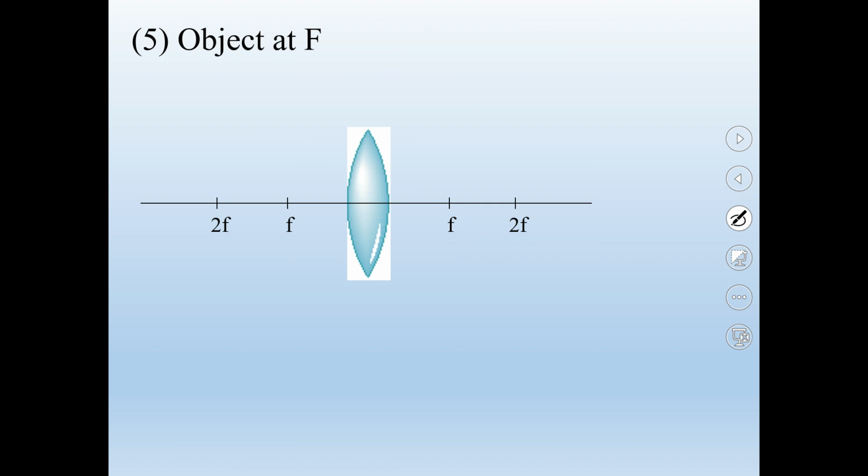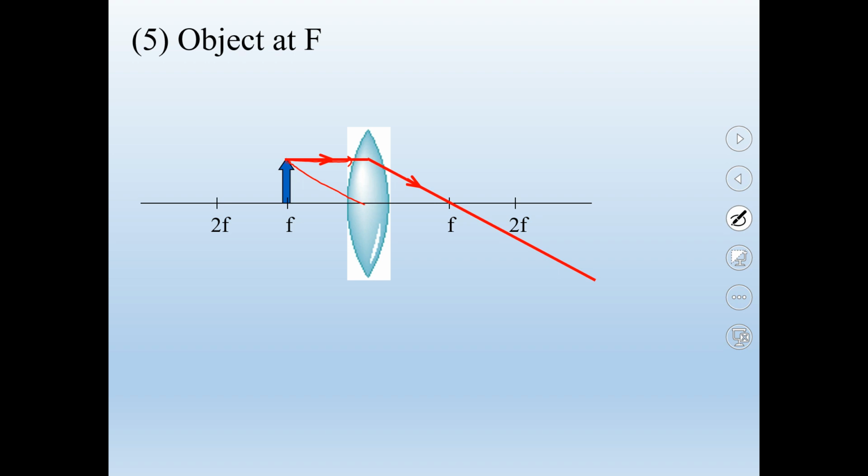And the last one, if the object is at the focus point, which is the opposite of the first rule. If the object is on the focus point, what is the position of the image? Try it yourself. Firstly, you send two rays. First, parallel to the principal axis. Second, through the optical center. Let me solve it. We send the first ray parallel to the principal axis.